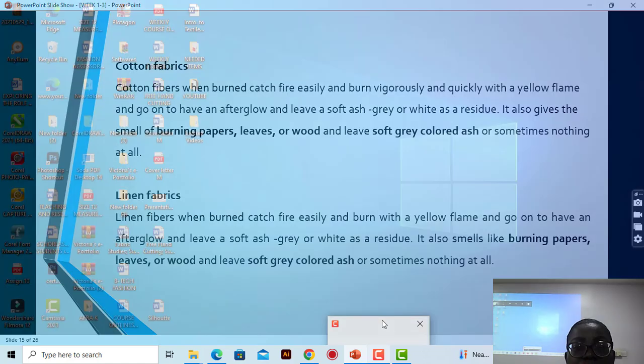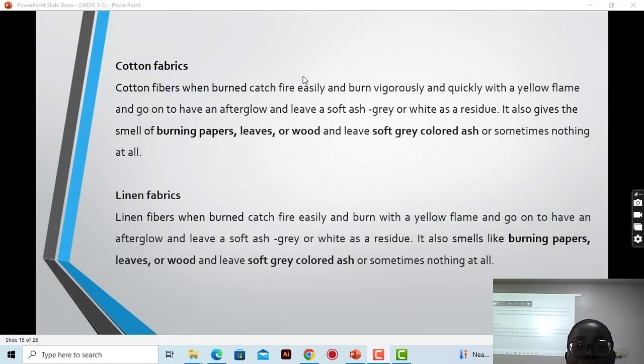A cotton fiber, yes. So this fiber, the cotton fiber, catches fire easily and burns vigorously and quickly with a yellow flame and has an afterglow and leaves a soft ash, gray or white, as a residue.